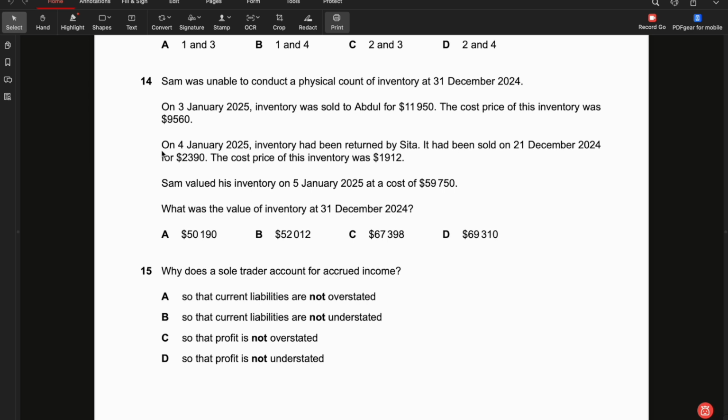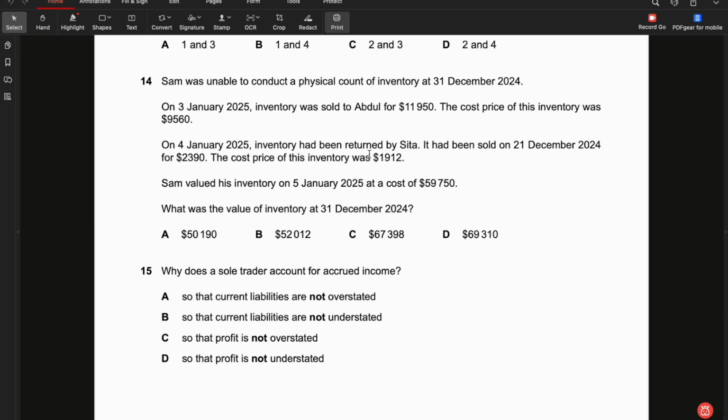And then on 4th January 2025, inventory was returned by Sita. It had been sold on 21st December 2024. So last year in 2024, we sold this to Sita, and now she is returning it on 4th January. The amount is 2,390, but the cost of the inventory was 1,912.